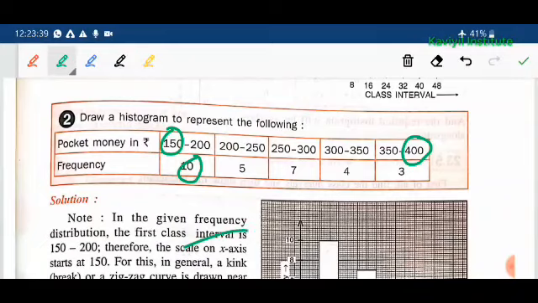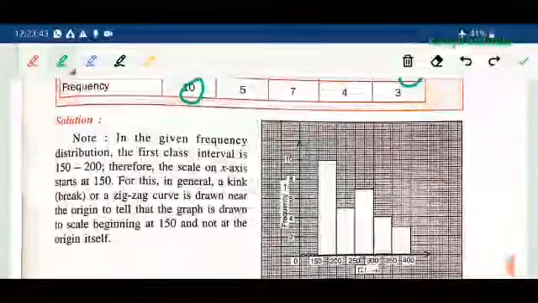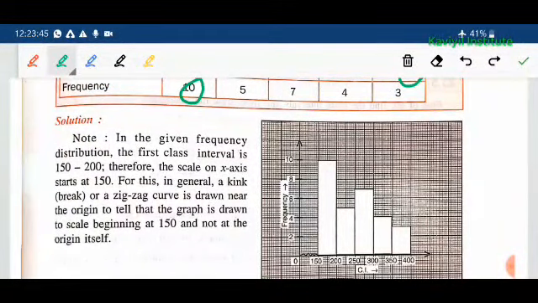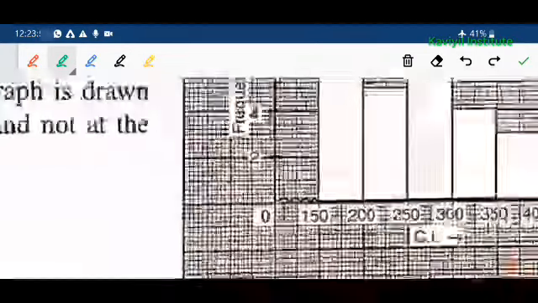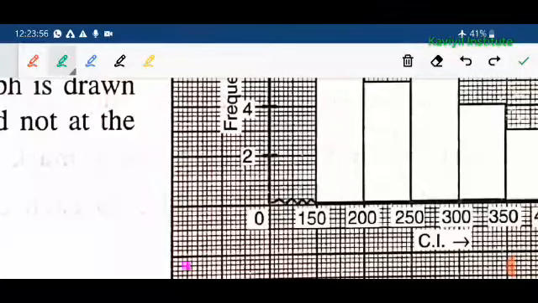Okay, now we will draw something in this manner. So we are going to fold the page, right? 0 to 150 we don't know. We don't have an idea about it. So what we will do, we will just fold here, right?